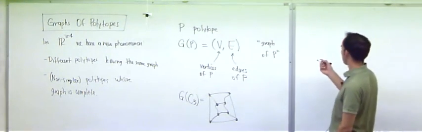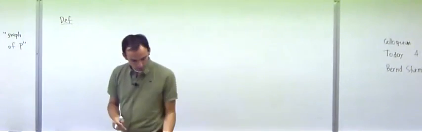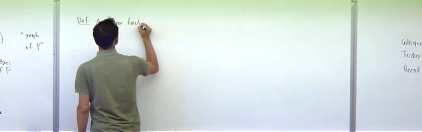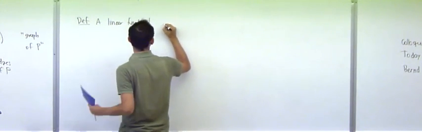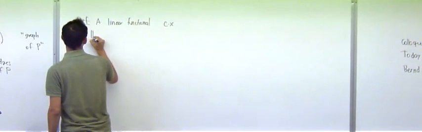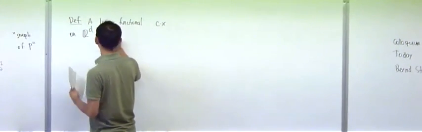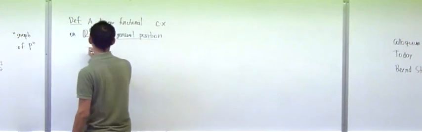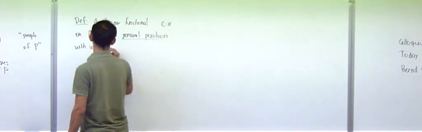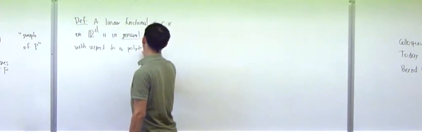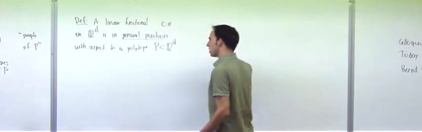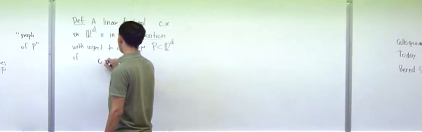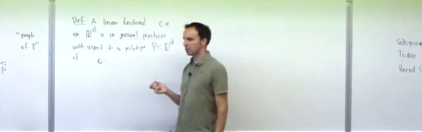Okay, so let me make a definition. I'm going to say that a linear function c dot x on R to the d is said to be in general position with respect to a polytope P in d dimensions if basically it should take different values on all the vertices of the polytope.